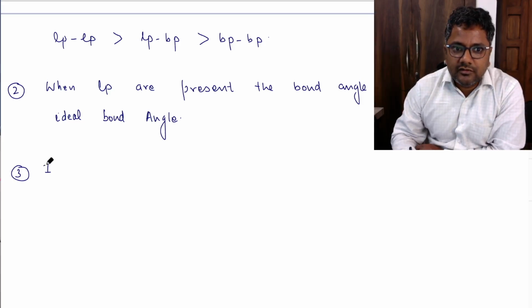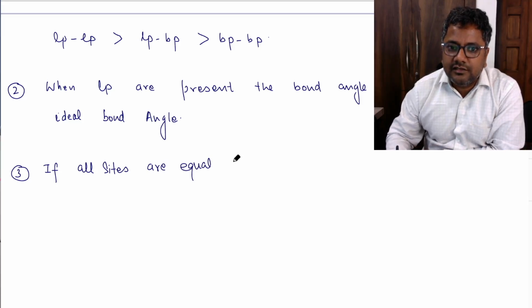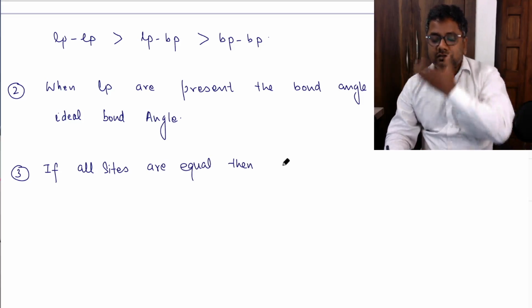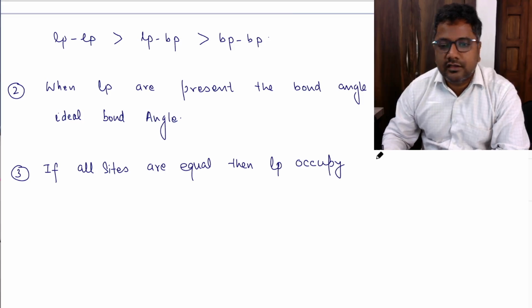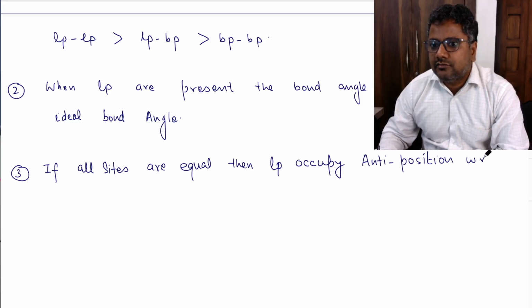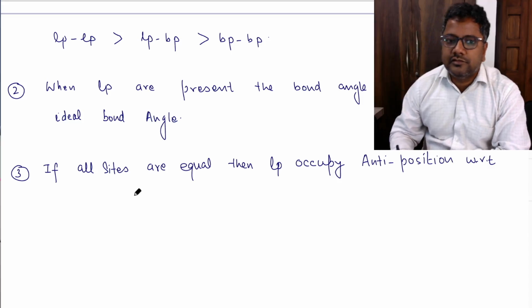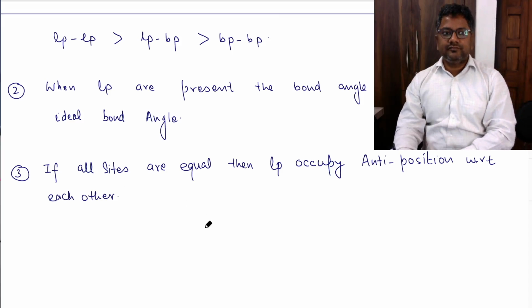So we can put a third point: if all sides are equal, then the lone pairs occupy anti positions with respect to each other, right?